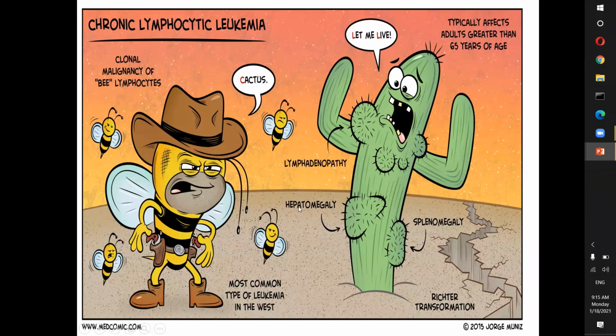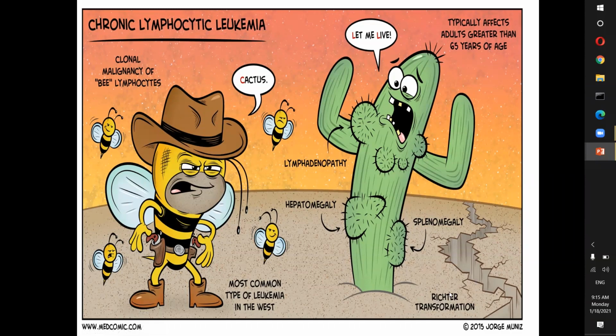It is usually associated with lymphadenopathy, hepatomegaly, splenomegaly, typically affecting the elderly above 65. CLL is a chronic leukemia. Like CML, we have a risk of blastic crisis and transformation to more acute leukemia. CLL again may have a risk of transformation to acute leukemia and lymphoma. We call it transformation.